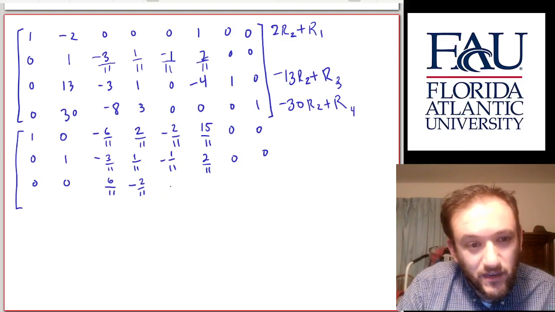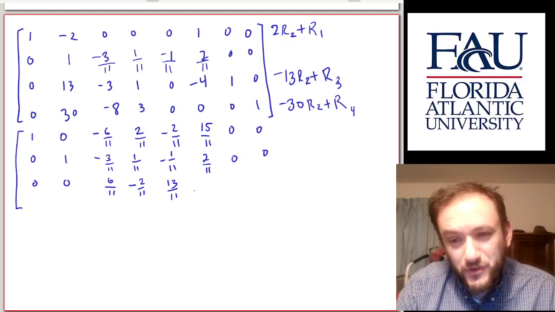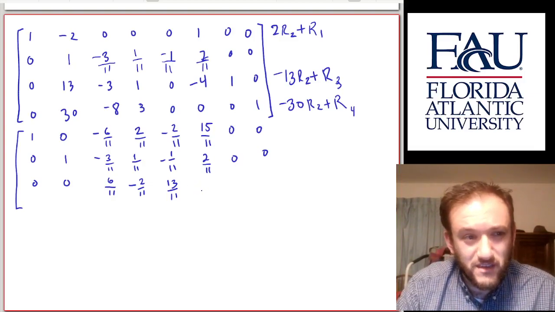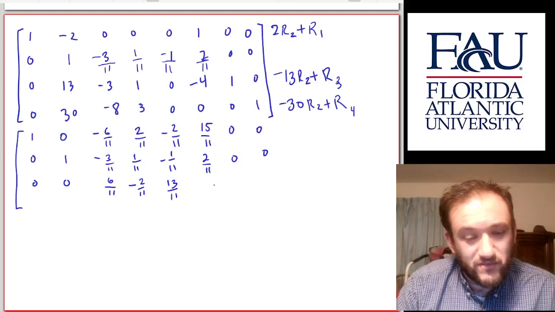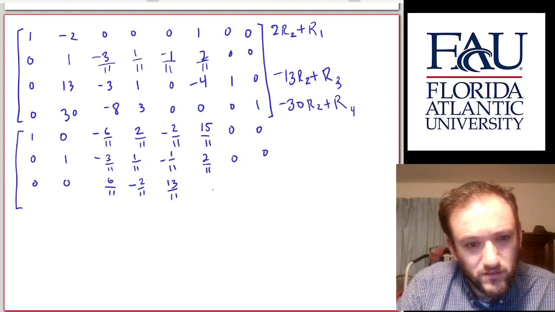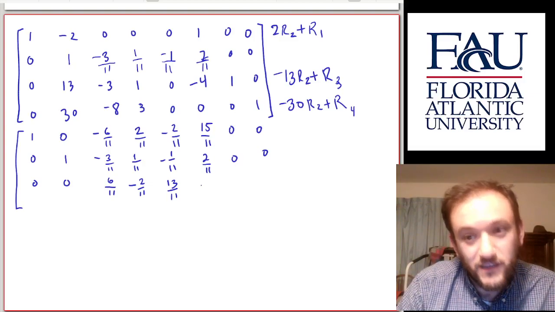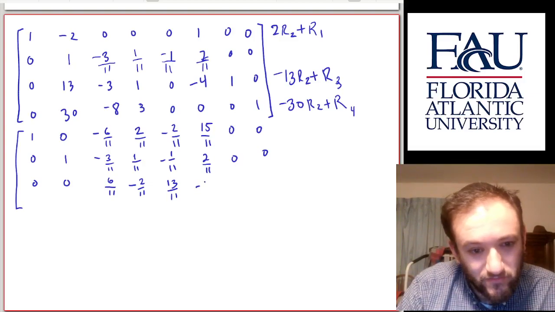And next we have positive 13 over 11. And then we have minus 26 over 11 plus negative 44 over 11 gives us negative 80 over 11, I believe. 26 and 44 gives us 70. Minus 70 over 11.